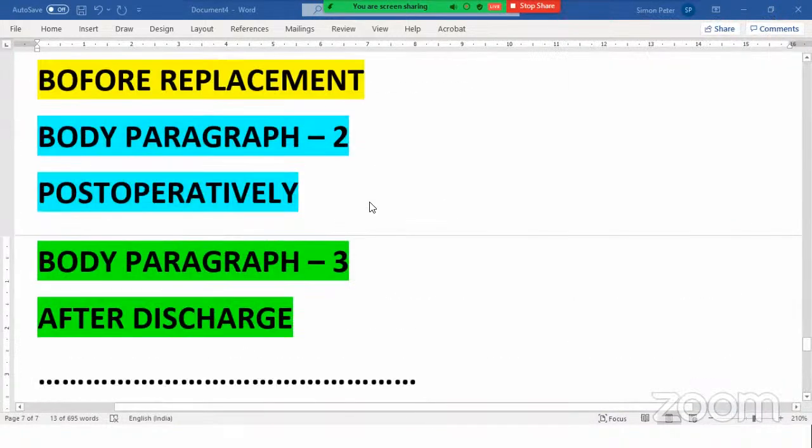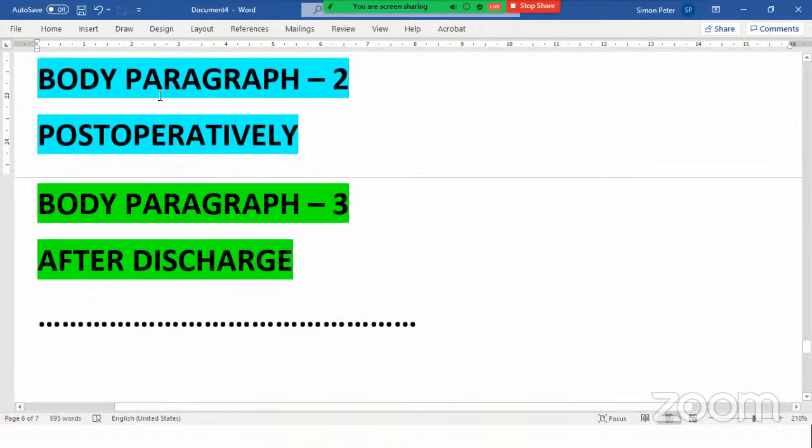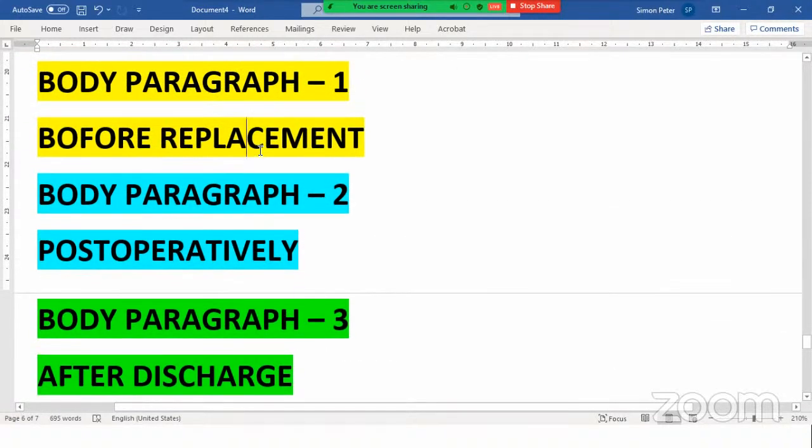Okay. Now, lastly, we can go on writing. So, body paragraph 1 before replacement, body paragraph 2 is post-operatively, body paragraph 3 is after discharge. Now, I told you this is back to the nursing home. He's going there.